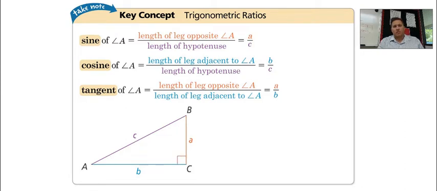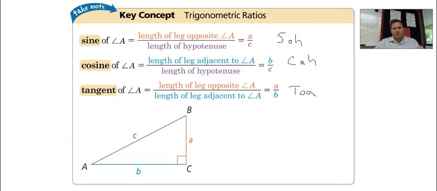Write this down. I want you to write all of this down right here, and there is a shortcut for remembering this though. So write this as well. We call this SOH CAH TOA. This is an acronym that a ton of people use in order to remember sine, cosine, and tangent, and how to set it up.